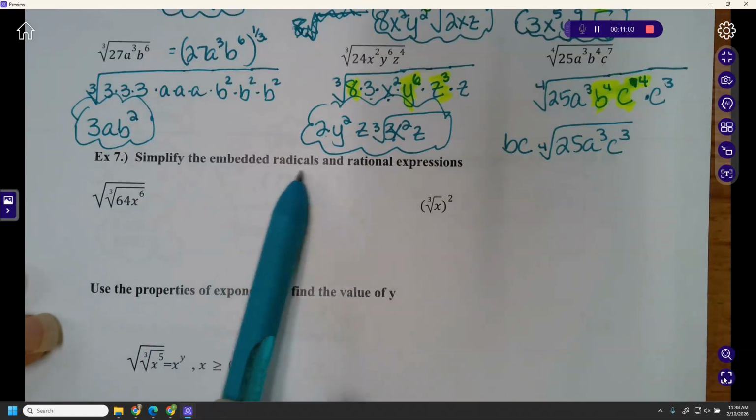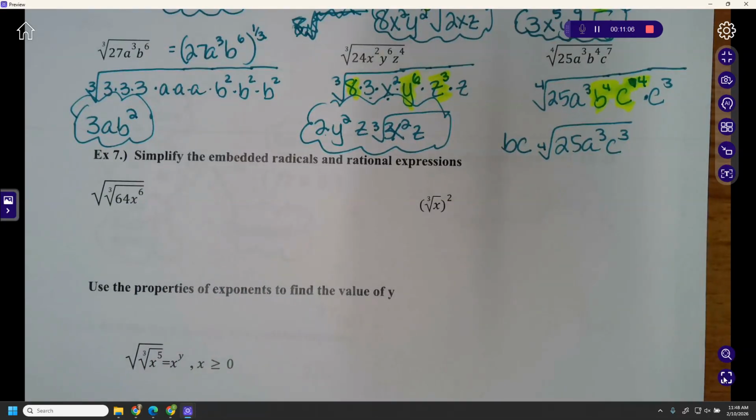Simplify embedded radicals and rational expressions. There's a couple ways that you can handle this, but how I would handle it is I'm going to do a mixture of writing them as fraction exponents and also thinking about what the radical means.